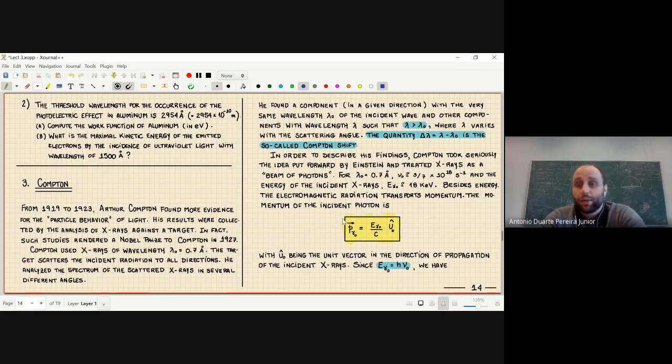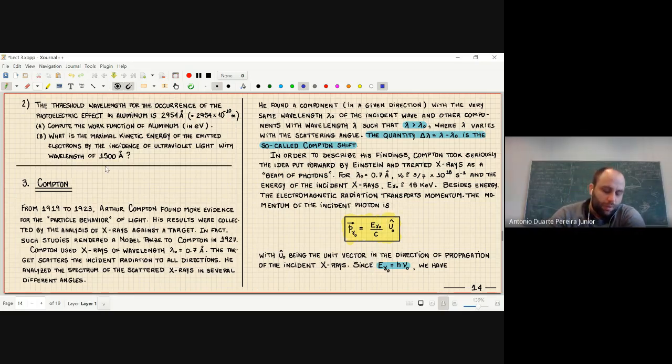I'm just telling you that a photon will carry energy h nu and carry momentum that is the energy divided by the speed of light. And this u naught hat is just a vector that gives you the direction of the motion of this photon. Okay?